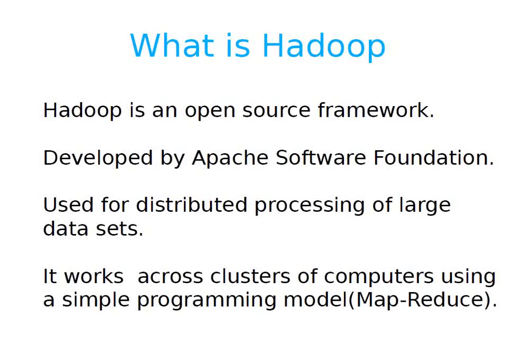The thing we need is nothing but MapReduce. MapReduce is a special type of Java program with the specialty that it can be executed on multiple machines at the same time. So friends, this was all about what is Hadoop in brief.